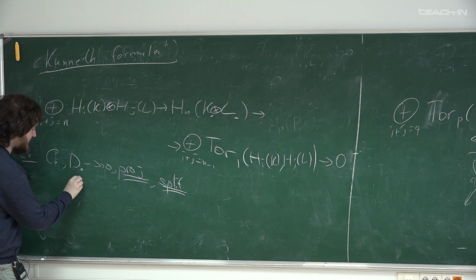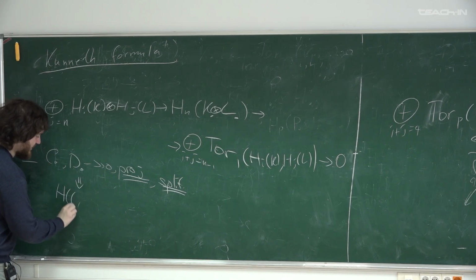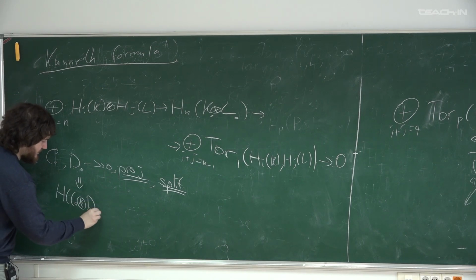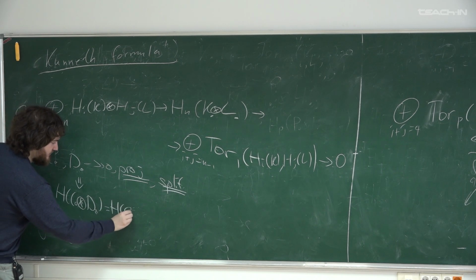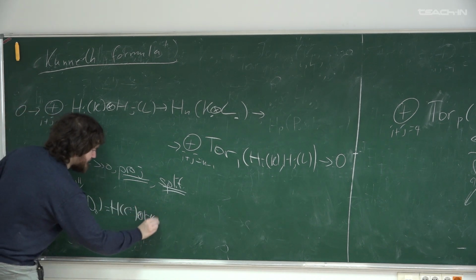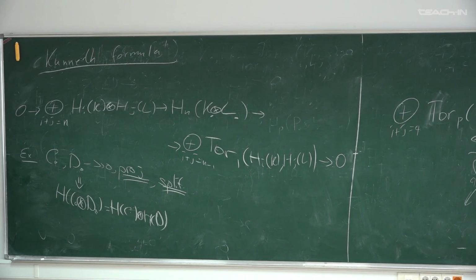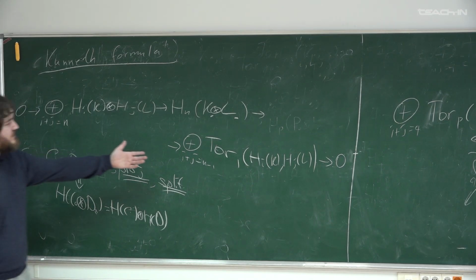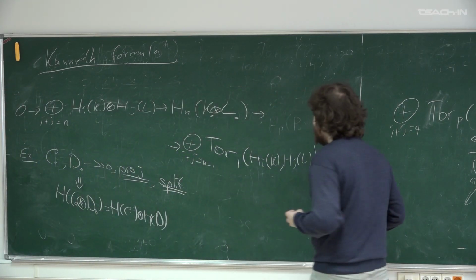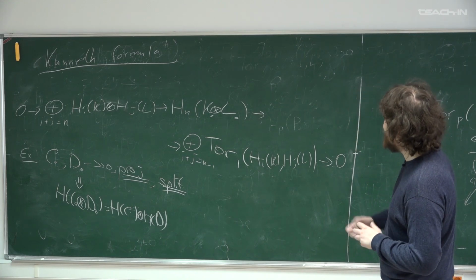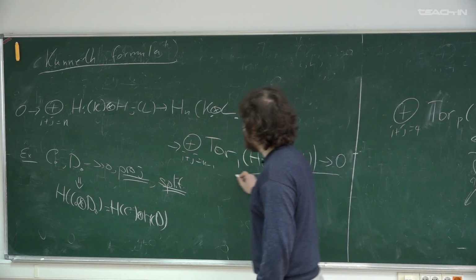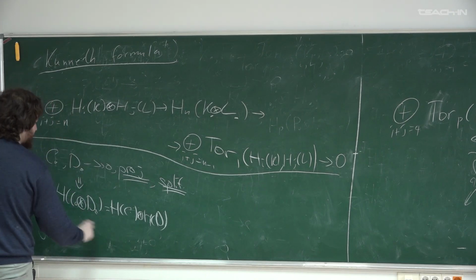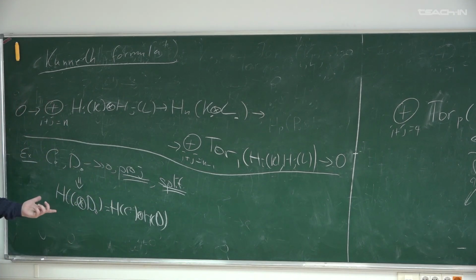Then the homology of the tensor product is the tensor product of homologies. We see that it agrees with this formula, but of course, this formula is from the spectral sequence, and the spectral sequence is from this fact. And please check it directly.